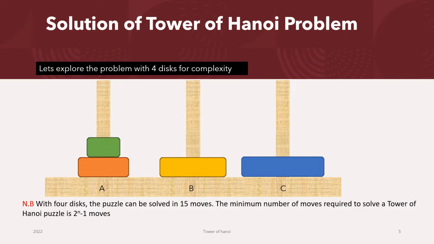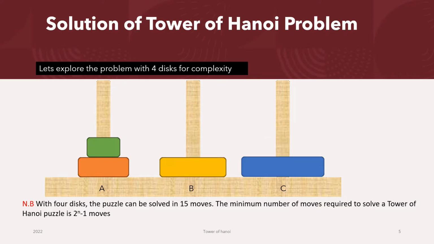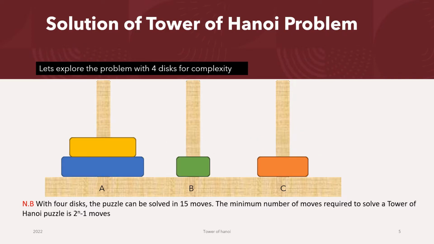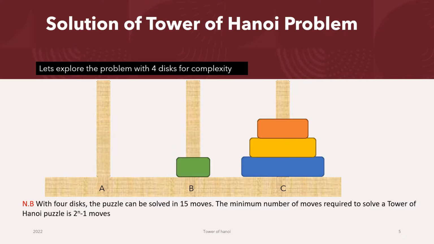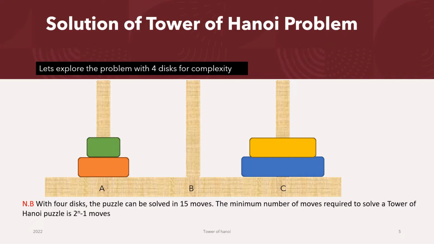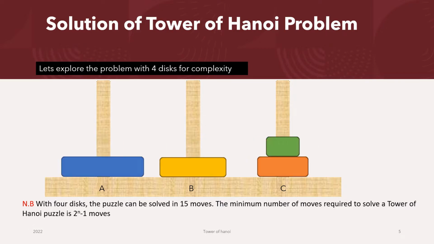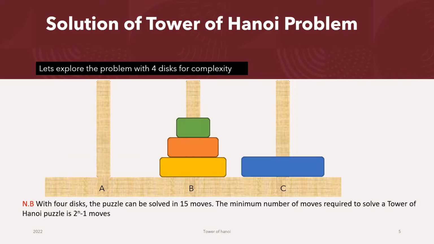Before, we solved the 3-disk problem. If we want to solve the 4-disk problem, we first have to solve the 3-disk problem, and to solve the 3-disk problem, we have to solve the 2-disk problem.